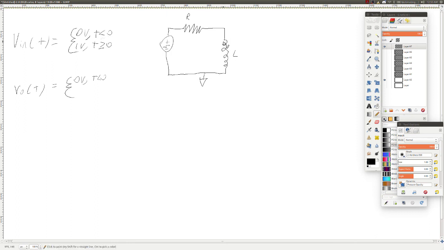Because the current through here was 0 before, the current through here is going to be 0. That means that the current through the resistor is going to be 0, meaning that the voltage on the left and right of the resistor are going to be the same. So it's actually going to be 1 volt at t equals 0. Let me go ahead and expand the curly brackets over here.